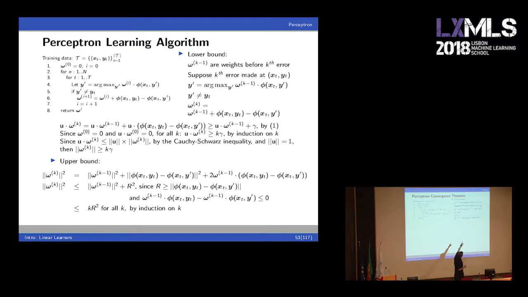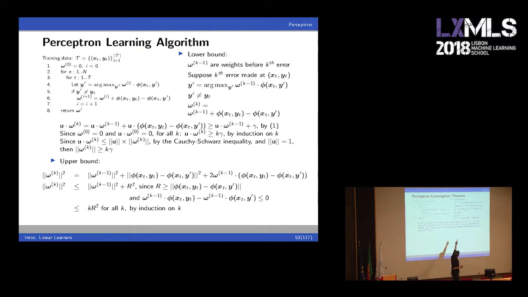Error means we are making an argmax prediction y prime, which is not yt, our gold standard. And then we're making an update, right? So our weight vector wk is updated as wk minus 1 plus this difference of feature vectors. We go in the direction of the positive gold standard example and away from the prediction.